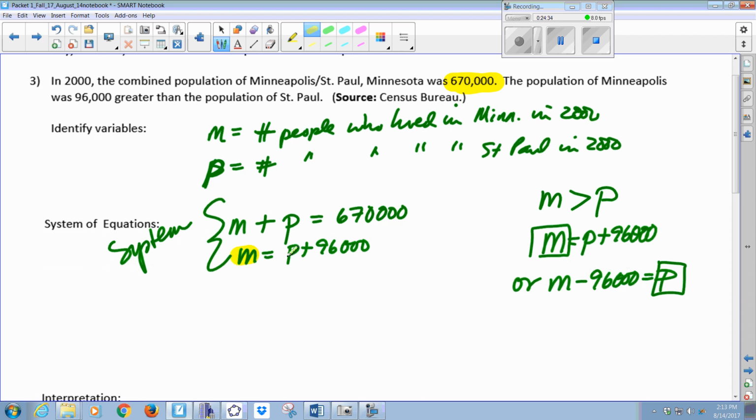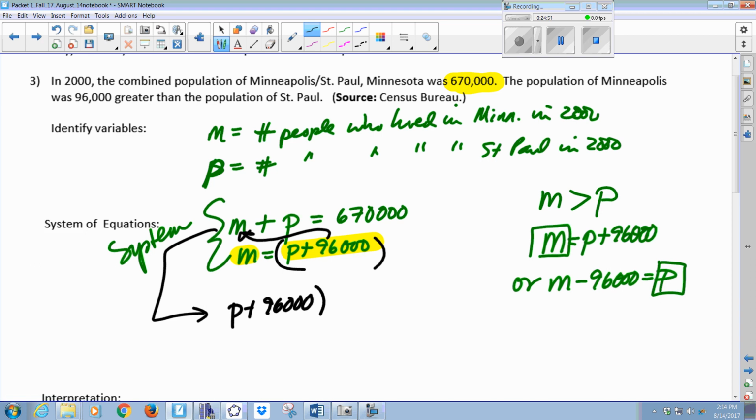Here is what M equals. M equals P plus 96,000. So I can take my first equation, and where I see M, I can substitute P plus 96,000 for M. So there's M plus P equals 670,000.